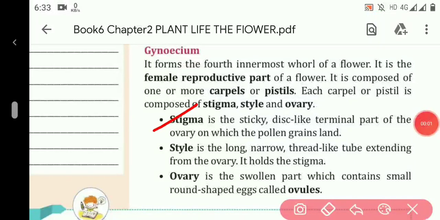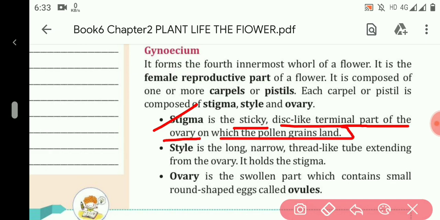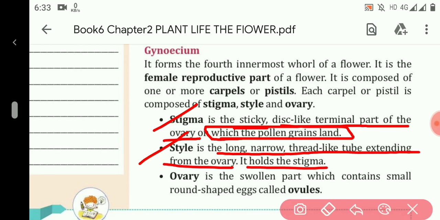Stigma. What is a stigma? Stigma is the sticky, disc-like terminal part of the style on which the pollen grains land. So this is the part where pollen grains come and stick to it. Second one is the style. Style is the long, narrow, thread-like tube extending from the ovary. It holds the stigma. So there is a long filament on the top of which there is a stigma and on the lower end there is ovary.